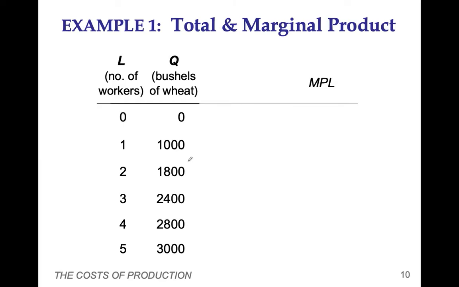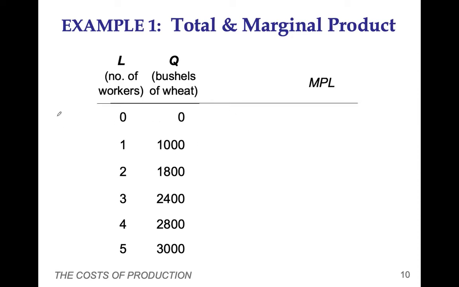So let's compute the marginal product of labor for Jack. Here we put again the data about labor and the corresponding quantity of output for each number of workers.